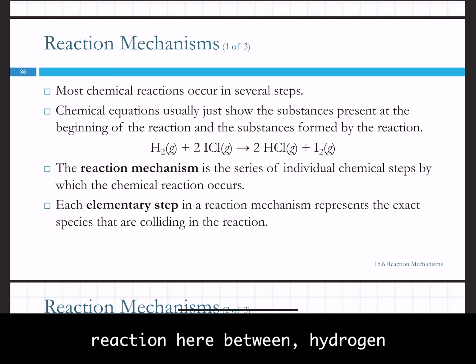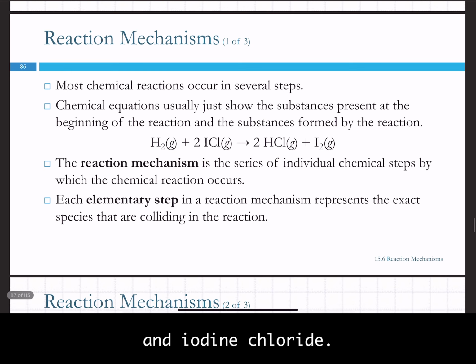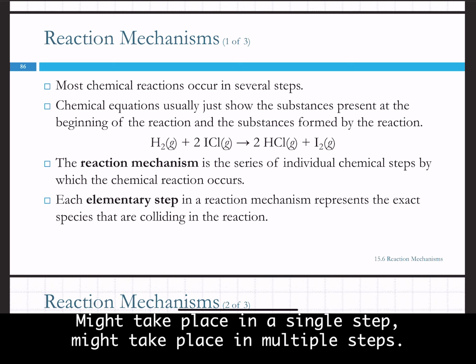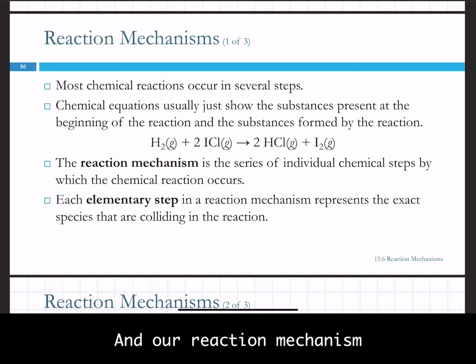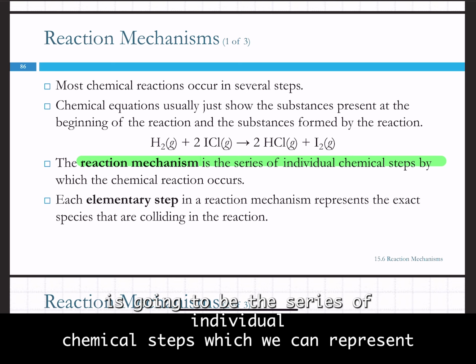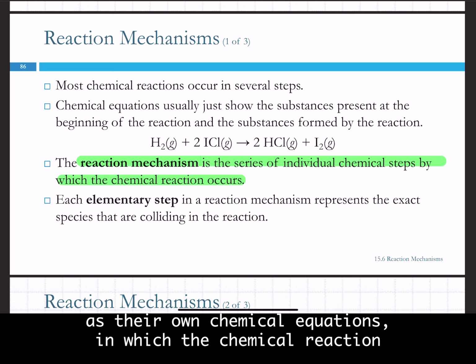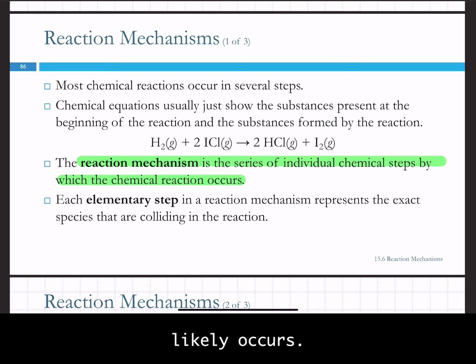So our overall reaction here between hydrogen and iodine chloride might take place in a single step, might take place in multiple steps, and our reaction mechanism is going to be the series of individual chemical steps, which we can represent as their own chemical equations, in which the chemical reaction likely occurs.